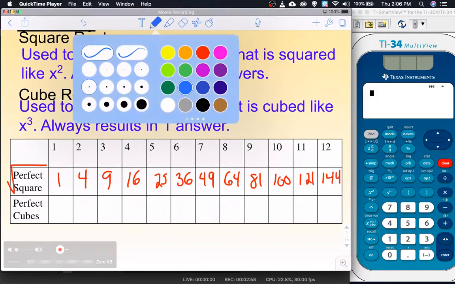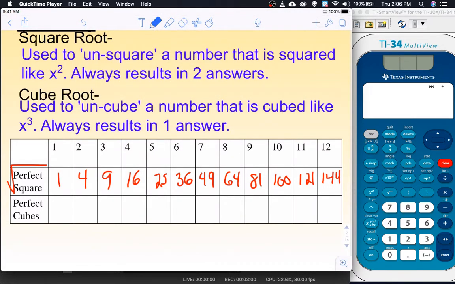Down below, we are going to do cubes. 1 cubed is 1, 2 cubed is 8, 3 cubed is 27, 64, 125, and finally 216. We don't need to know those because they get very, very big. I know this one off the top of my head is 1,000, but we don't really need to know the other ones.